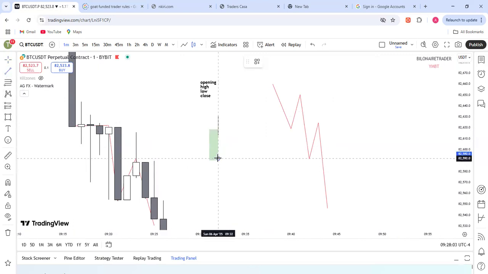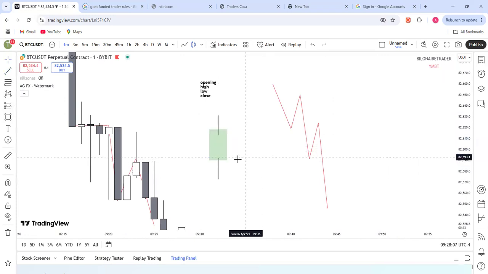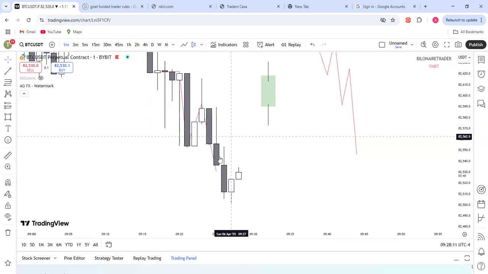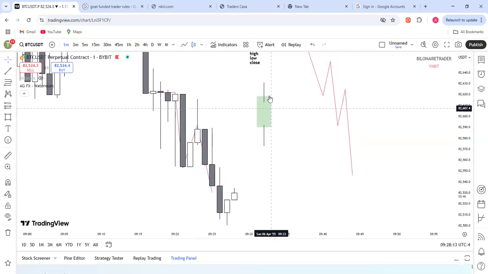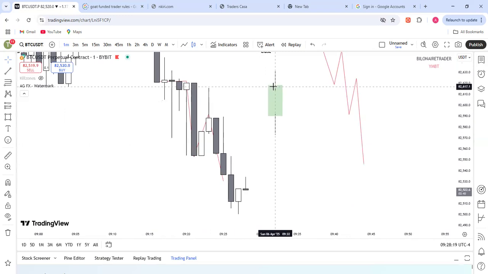A candle with a wick here and a wick here. For example, look at this candle here. You can see it looks like what I drew out here.